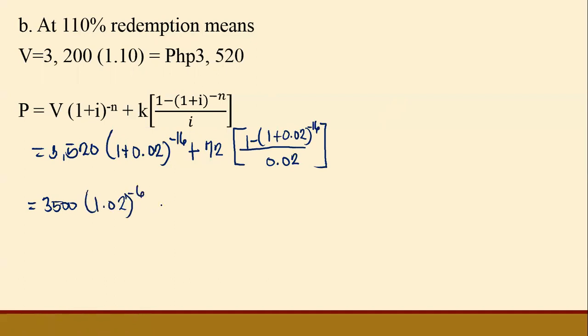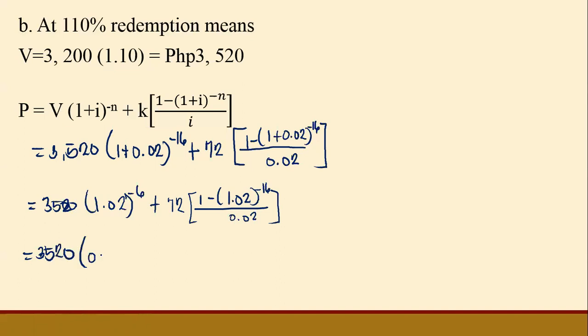You can use your calculator. Okay? So 3,520 times 0.7284581337 plus 72 times 13.5777091.